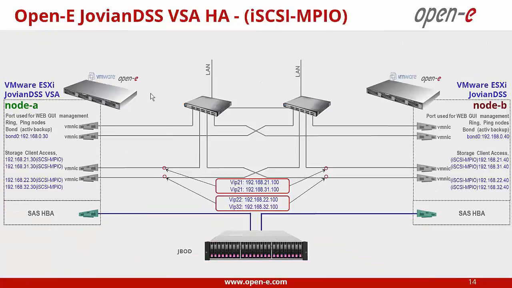And on the last chart, I'm showing Jovian running as a virtual machine, so a virtual storage appliance under VMware. So this will be a very thin installation. Of course, everything will be done also in cluster in a box. So you can have virtualization, so hyper-converged virtualization plus storage, and high availability, everything in one box.